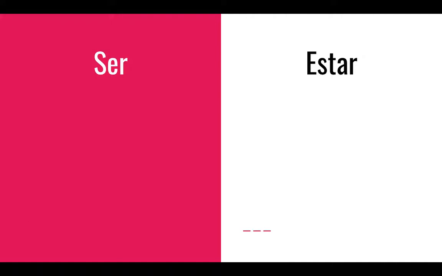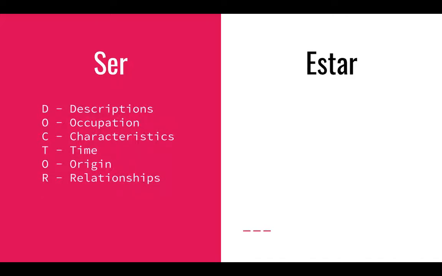Ser and estar. Profesora, how are we supposed to figure out when to use each? We're going to keep practicing that, but let me give you some pointers and see if it helps you better understand it. So the verb ser, we use it for a ton of stuff. So think about the acronym DOCTOR. Descriptions, occupation, characteristics, time, origin, and relationships.